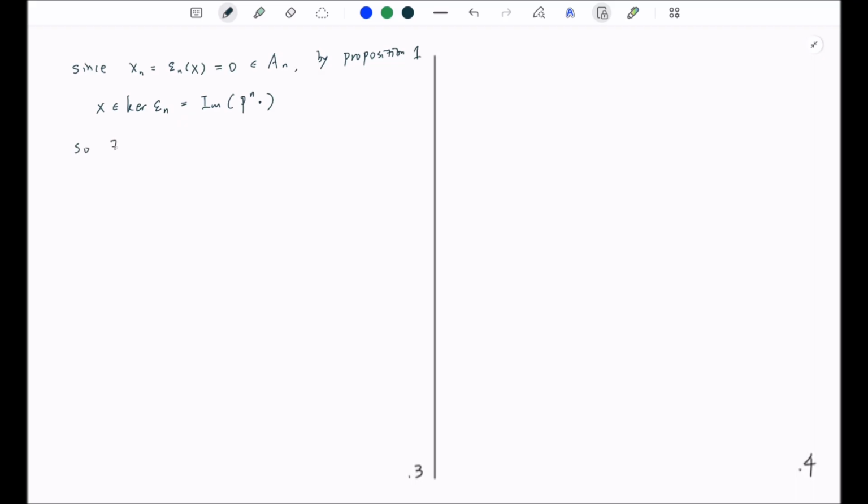So there exists u in Zp such that x is p^n times u.